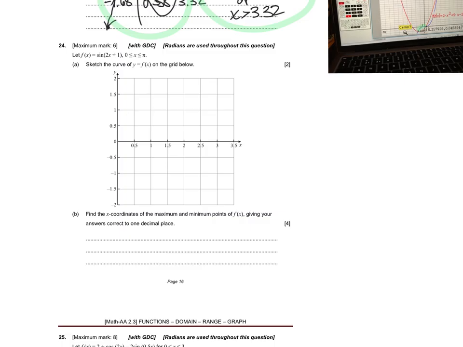So you need the y-intercept, and you get that by doing menu, trace, graph trace, and you type in 0. So at 0, the point goes to 0.841. So 0.841 there. Okay?